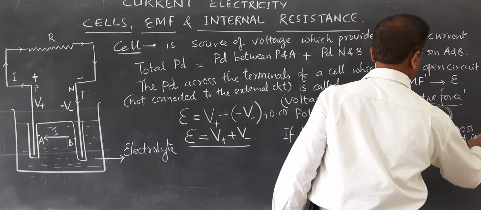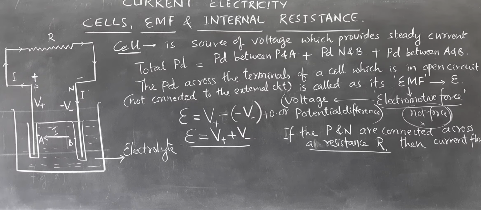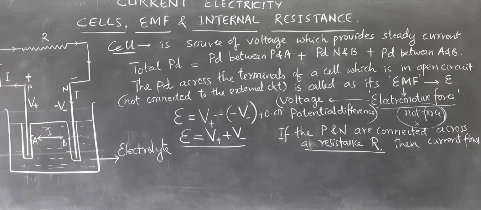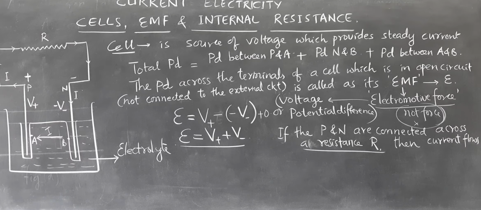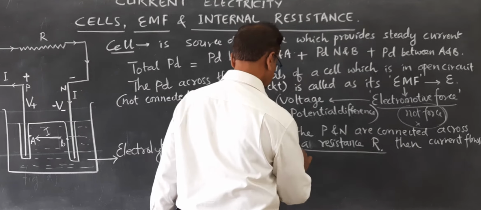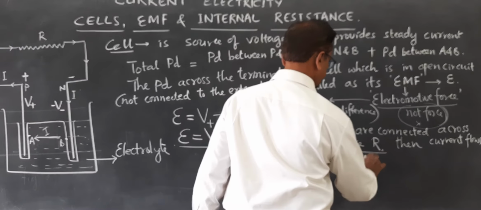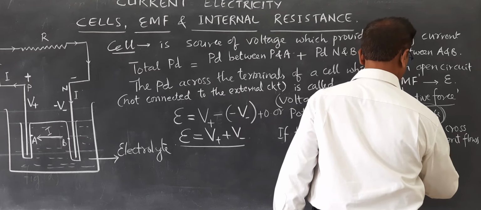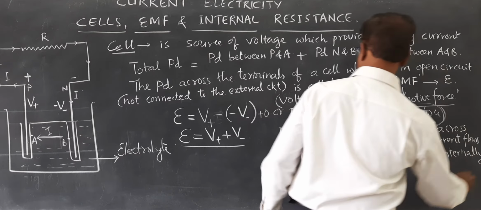Current flows from P to N externally, and N to P internally. Internally means inside the cell.